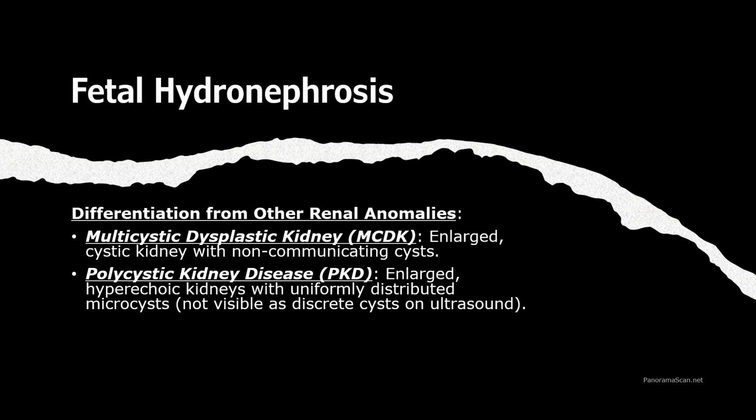Unlike the large, well-defined cysts of MCDK, these cysts are not visible as discrete entities on ultrasound. Polycystic kidney disease can be more challenging to differentiate because the kidneys can appear normal in early gestation, but as the disease progresses, the kidneys enlarge and the echogenicity increases.